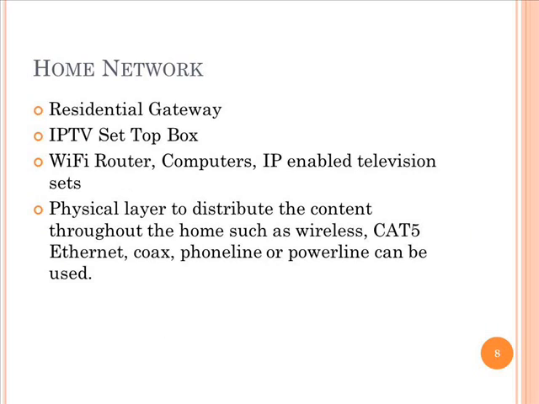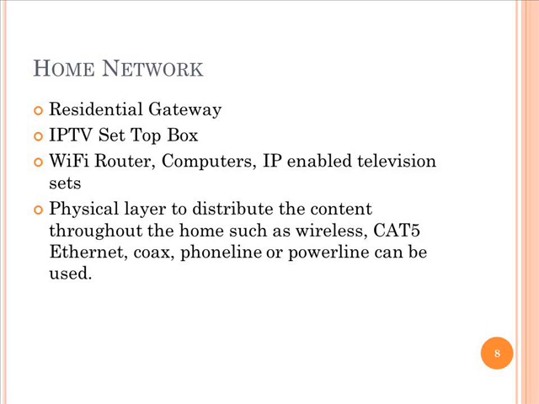So now we reach the customer's home, and the home network is basically a network of its own. It's gotten a lot more complicated in recent years with a lot of new IP-enabled devices in customers' homes. But we'll start with the residential gateway.